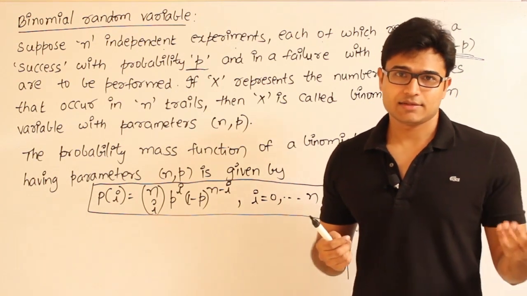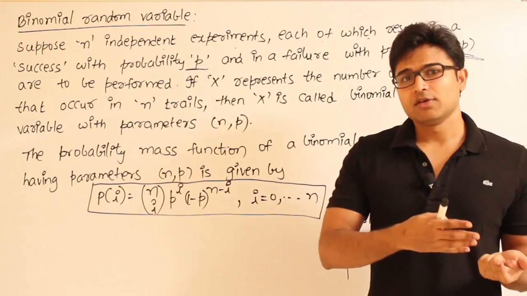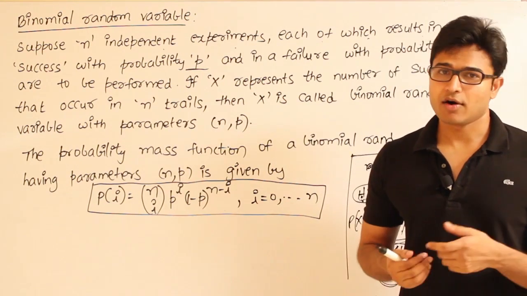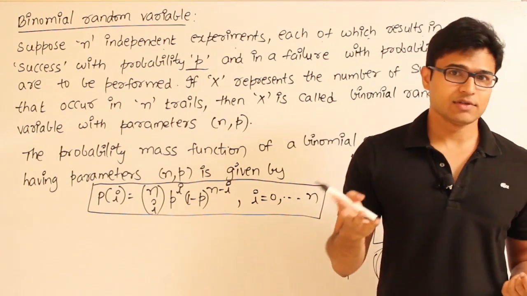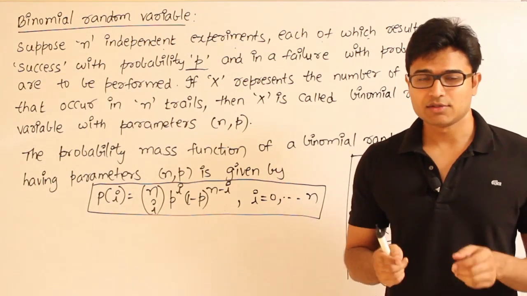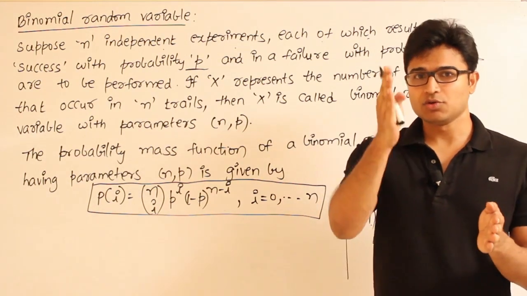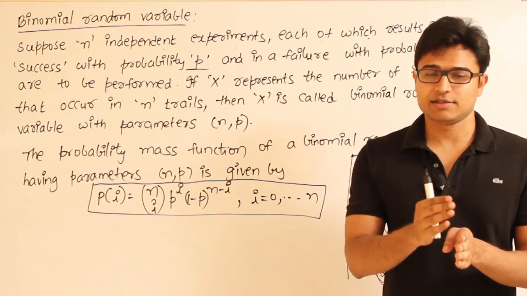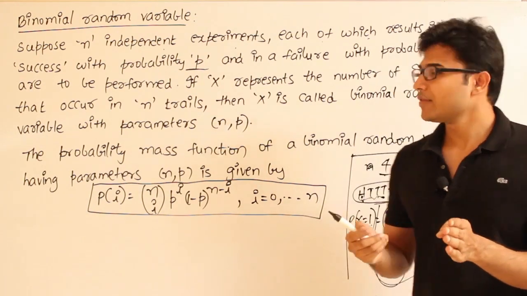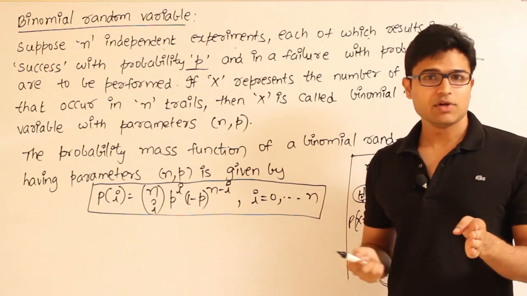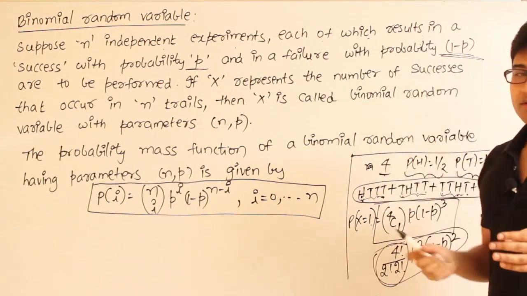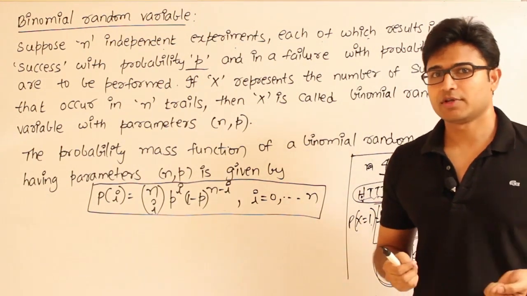You might define that success is getting 1 and failure is getting any other number other than 1, or success is getting an even number and failure is getting an odd number. Whatever it is, you should be able to divide the sample space into 2 parts, where one part is going to be success, another part is going to be failure. Then you should find out what is the probability of success and what is the probability of failure. Of course, if you add both of them, it is going to be 1, right?